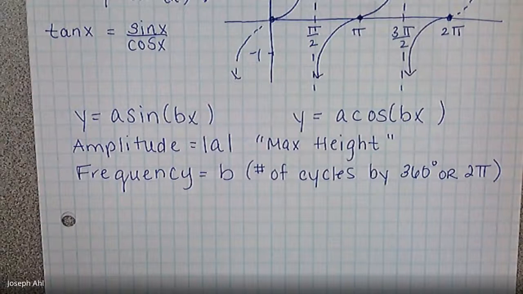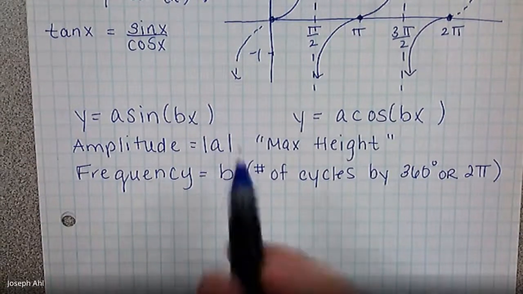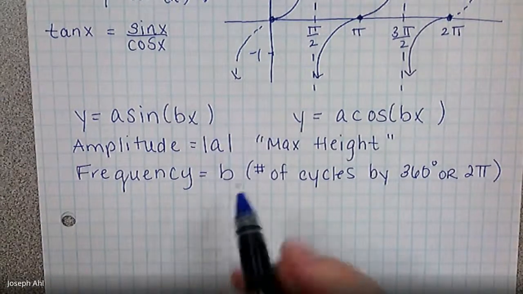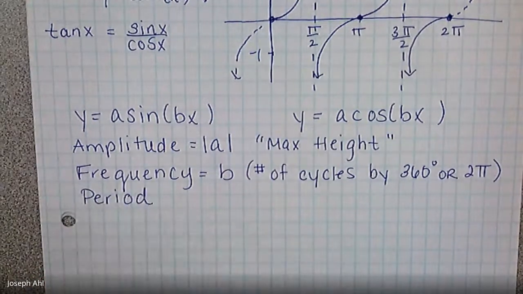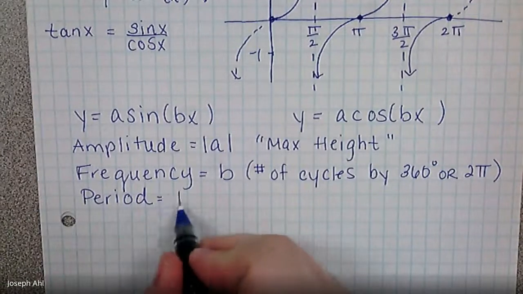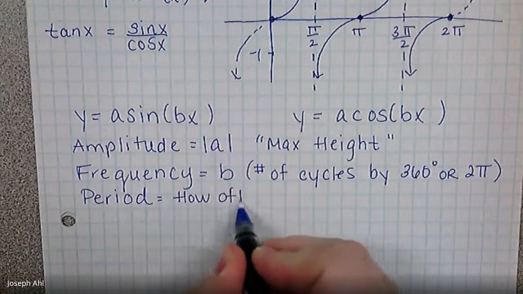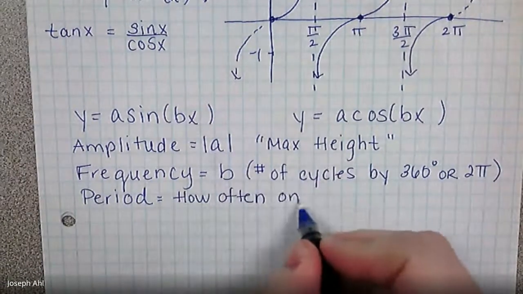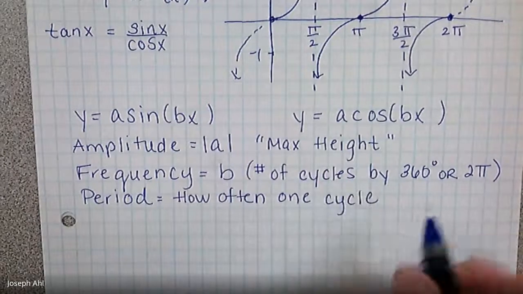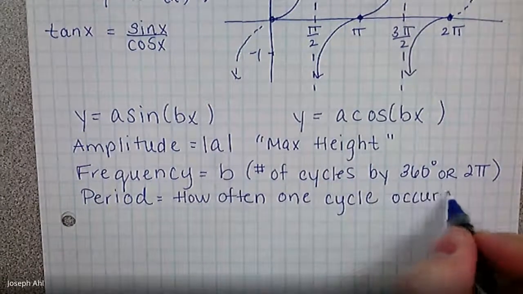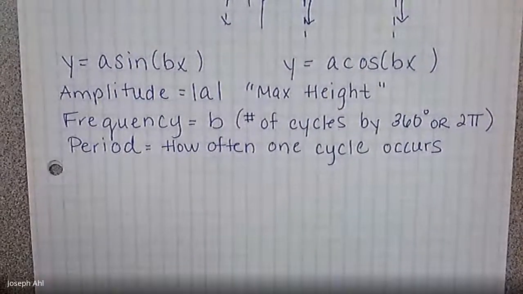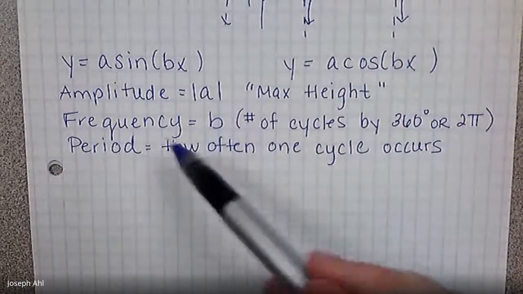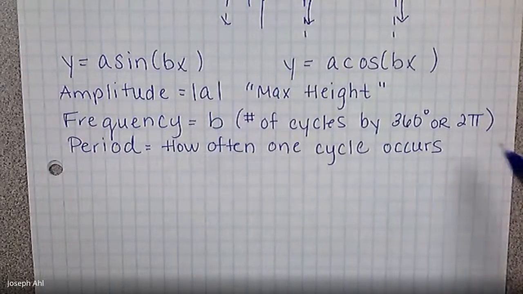Okay. So then finally, if we know that the frequency is b, we're going to define something called the period. And the period represents how often one cycle occurs. Okay, so sine and cosine curves are called periodic functions. They occur over a certain period of time.